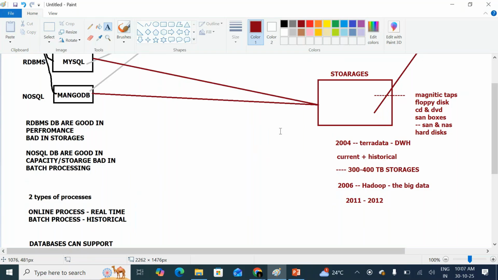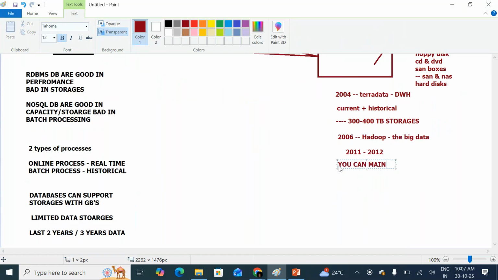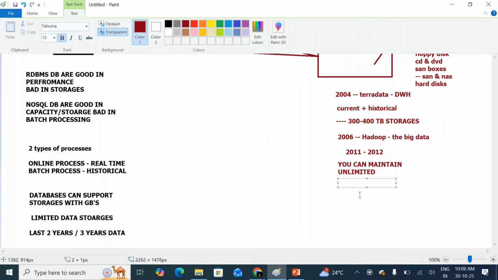Now, what happened in Hadoop is that you can maintain unlimited data. That's the first point. The second point is that the data was supported with the file format HDFS, Hadoop Distributed File System, and that too the data was compressed and encrypted.